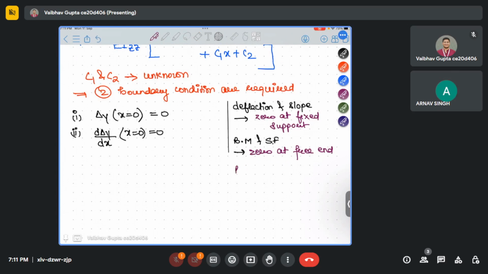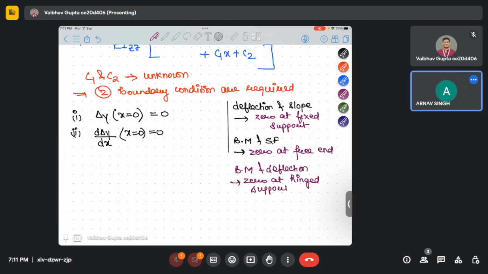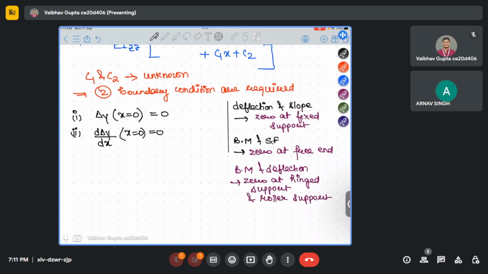And bending moment alone, not shear force, is 0 at hinge support and roller support, along with deflection. This you have to use everywhere while writing the boundary conditions. These are the boundary conditions.